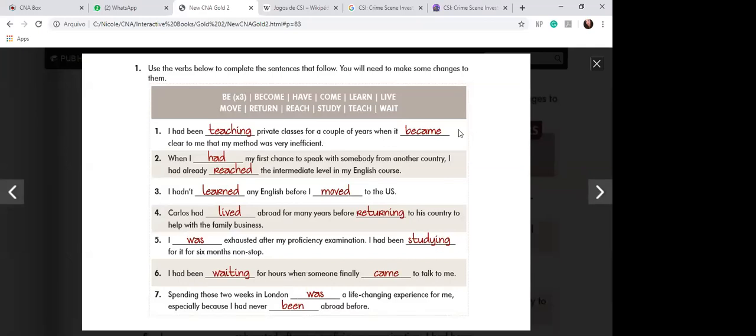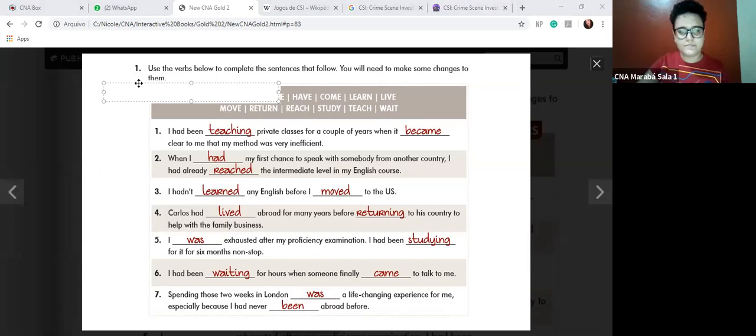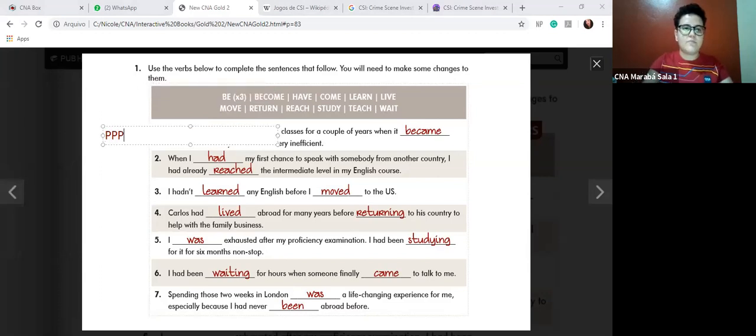I had been teaching private class for a couple of years when it became clear to me that my method was very inefficient. Inefficient. Yes. So this is, of course, the past perfect progressive.